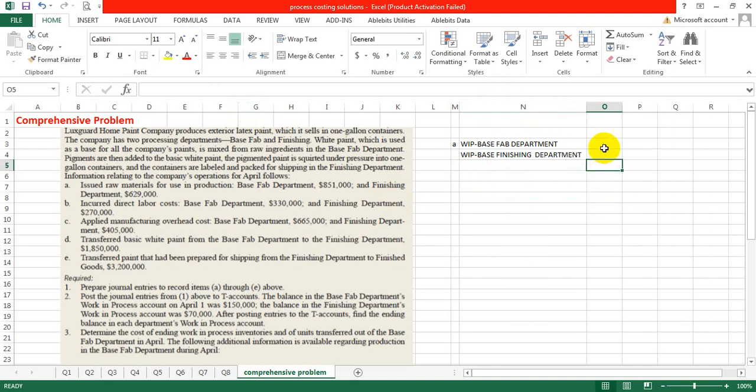The amount is, and credit is raw material.